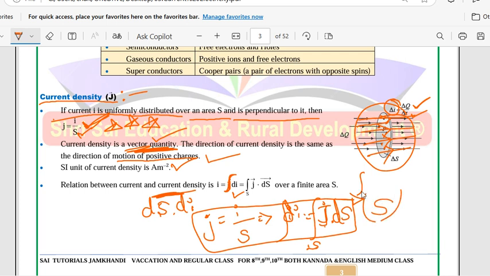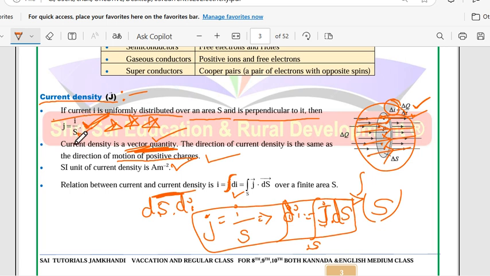This is the concept related to current density. If I consider any conductor or any material that conducts electricity, and current I is uniformly distributed over a surface area S perpendicular to it, the current moves perpendicular to that surface, so J is the total current passing through that surface area.